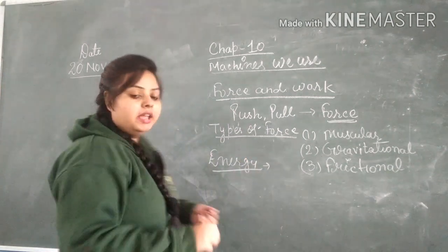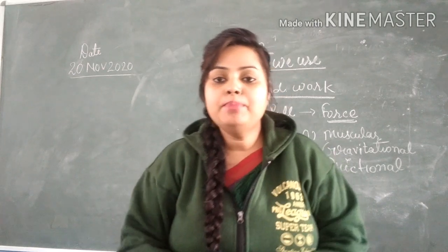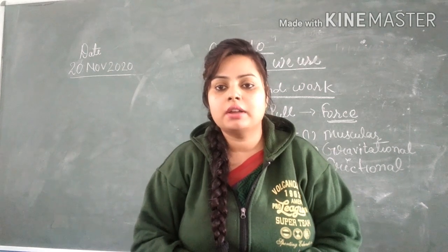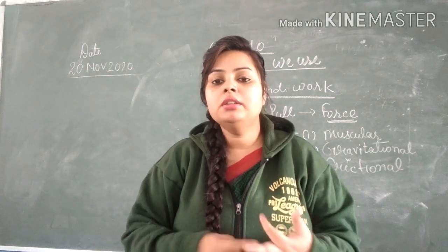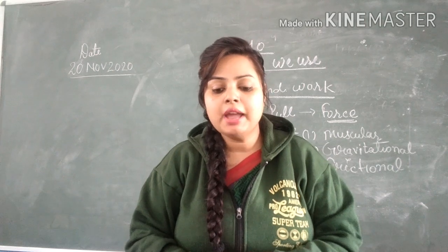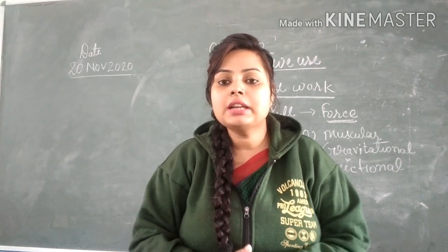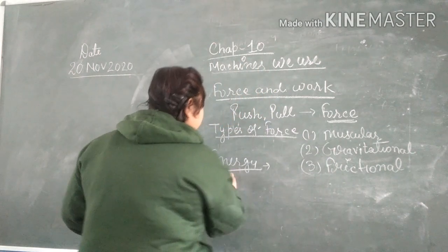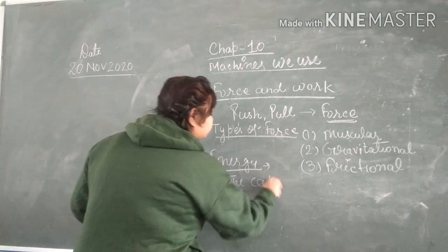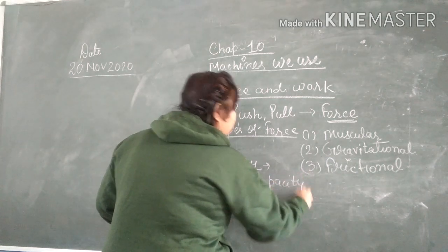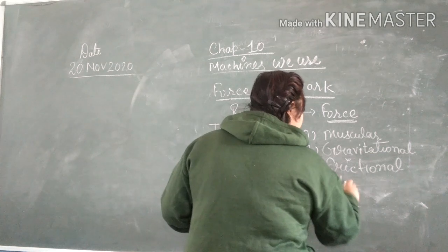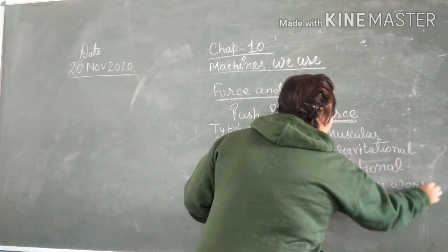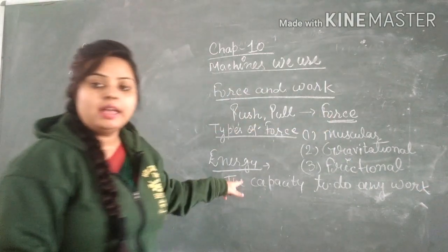Now, the next topic is energy. What is energy? When we apply force, we do work. For work, for the force, we need some energy, and energy is the capacity to do any work. The capacity to do any work is known as energy.